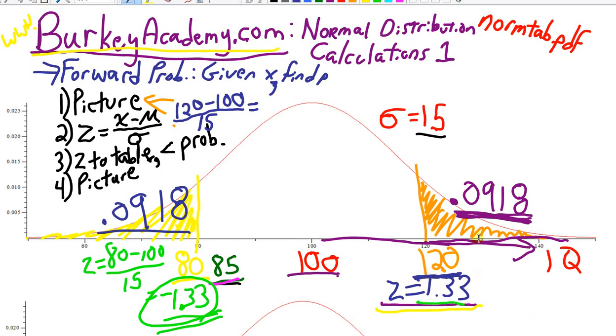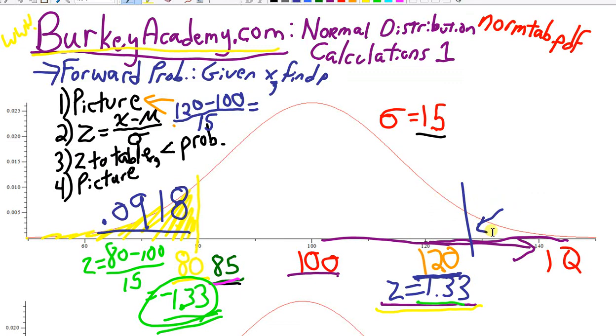I want to set it higher so that only 5% of people, it's going to be something greater than 120. We don't know what, but we want 5%, 0.05 of the area to be there. And you're asked, what IQ would that be? So a backward problem, you're given a probability and asked to find the x or find the IQ. We'll do that in the next video.